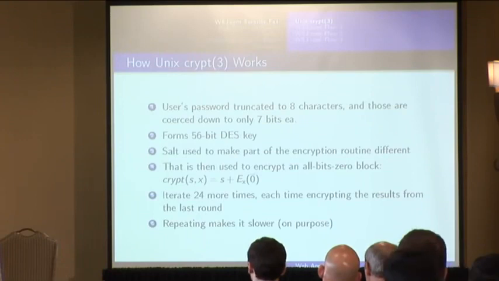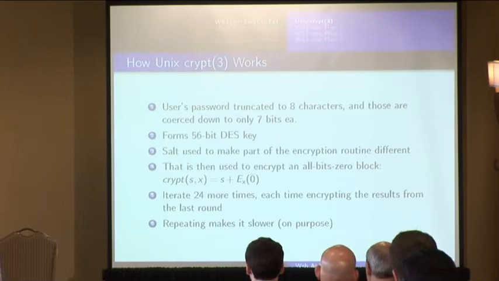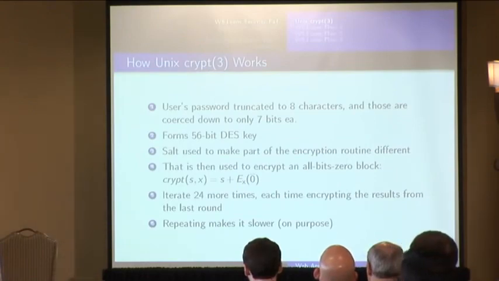So in addition to it being ASCII, so the high bit's probably 0, now you've got the low bit forced to 0 as well. The salt's then used to make part of the encryption routine different, and then it's used to encrypt an all-0 block. And you iterate that 24 more times, each time encrypting the results from the previous round. That was designed to make it take about 1 second on the hardware at the time in '76, '79, whenever they implemented this.